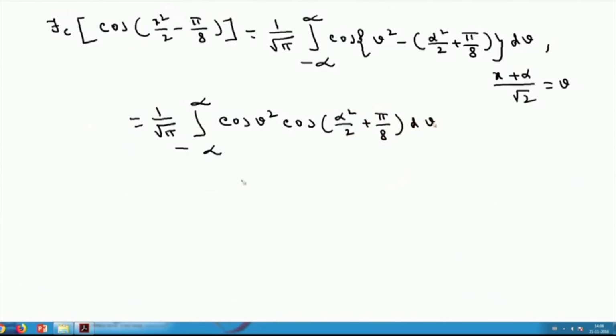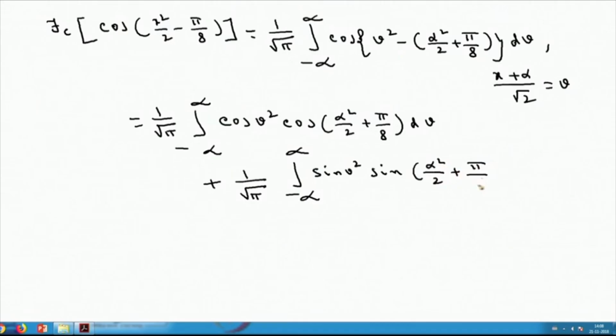into dv, plus 1 by root pi, integral from minus infinity to infinity of sin of v square into sin of (alpha square by 2 plus pi by 8) into dv. Basically, it was of the form cos of (a minus b), and from there, using the trigonometric formula, I am getting it. So you can bring cos of (alpha square by 2 plus pi by 8) outside.